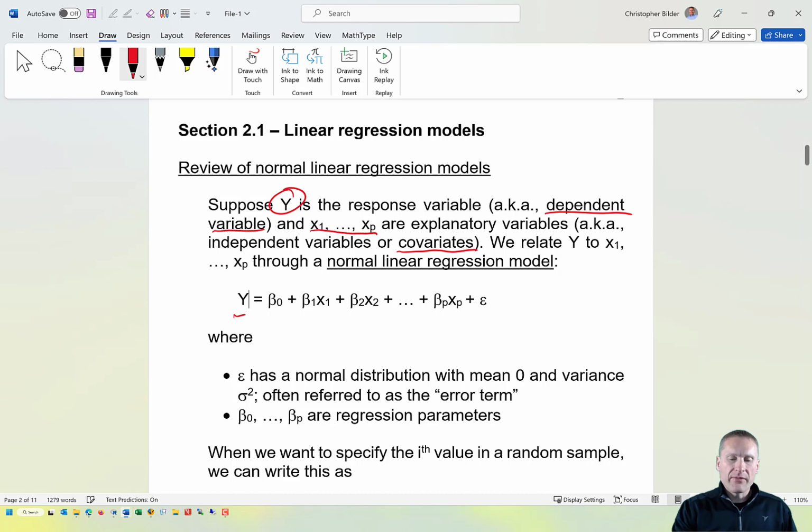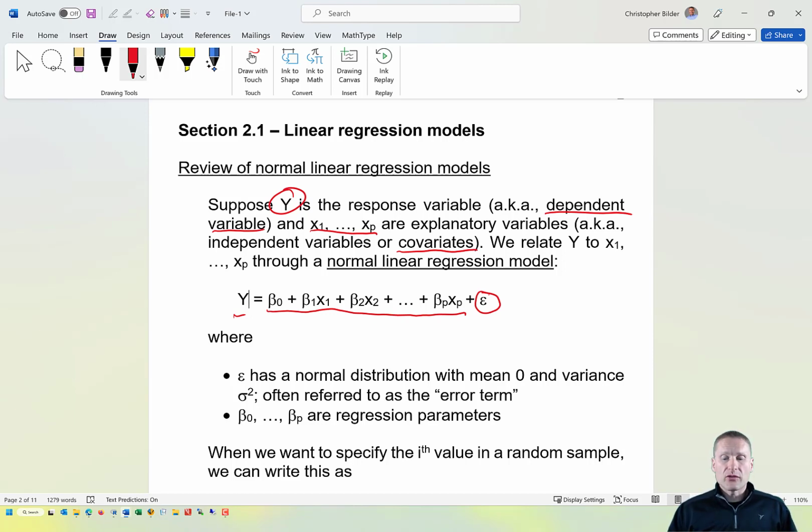We have y is equal to a linear combination of regression parameters denoted by our betas and the explanatory variables denoted by x. We also have what's often referred to as a random error term at the very end of this expression. This error term has a probability distribution associated with it.